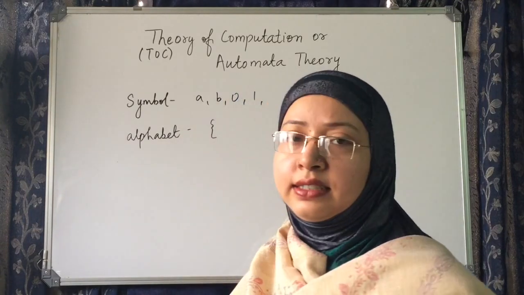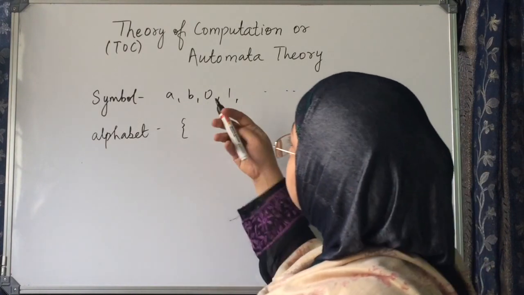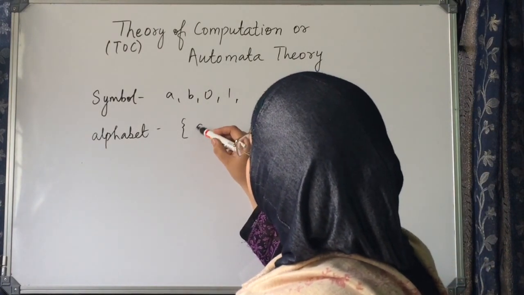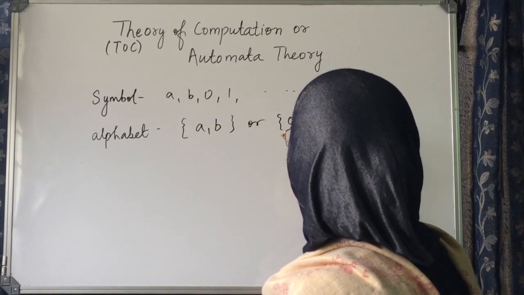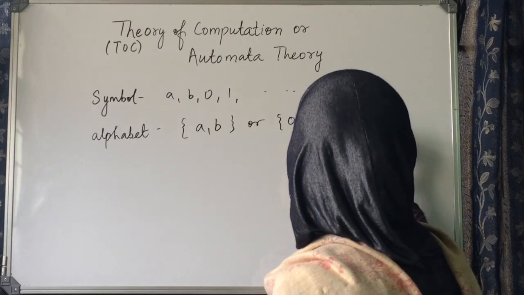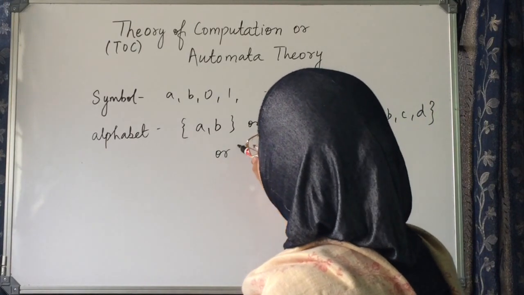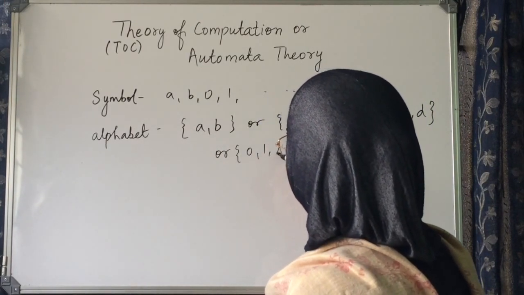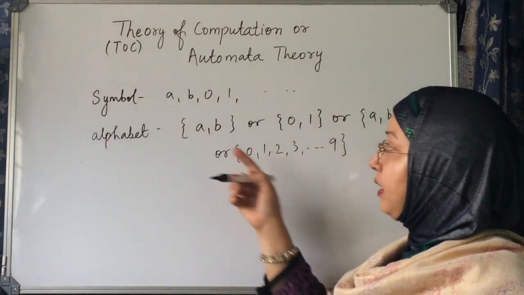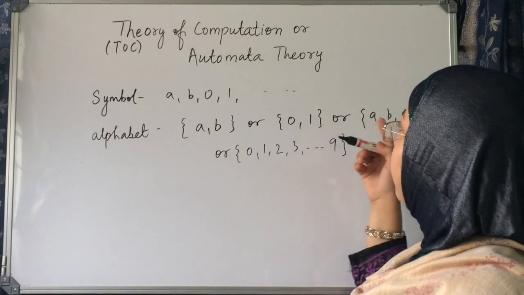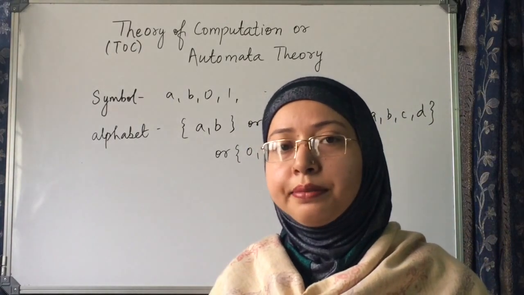An alphabet is a finite set, or finite collection, of these symbols. It can be like A, B, or 0, 1, or A, B, C, D, or 0, 1, 2, 3, up to 9, and so on.